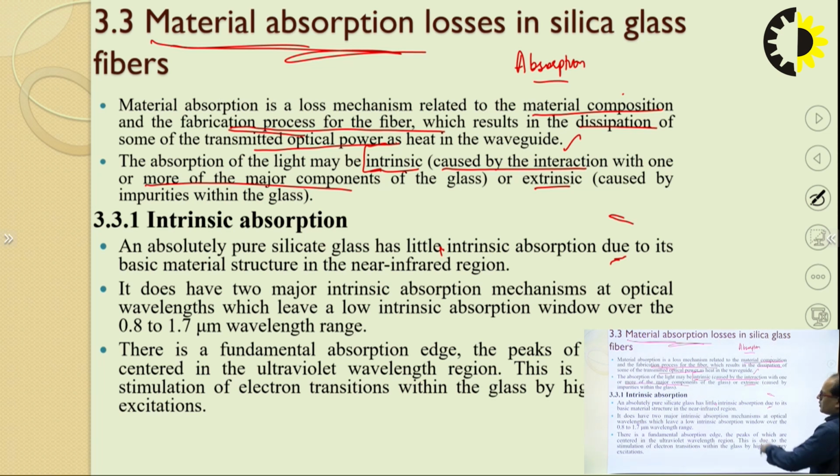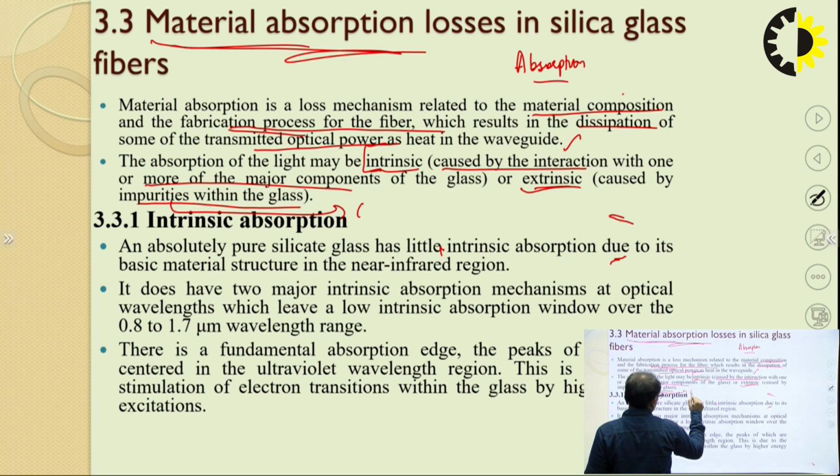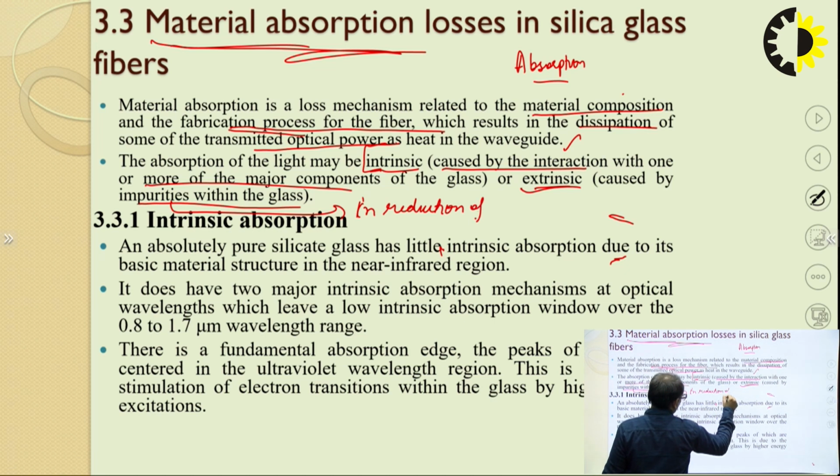Clear? Another loss is the extrinsic absorption loss, and this is caused by impurities within the glass. The material used in the fabrication of the optical fiber cable has some impurities, and these impurities cause a reduction of the output signal.